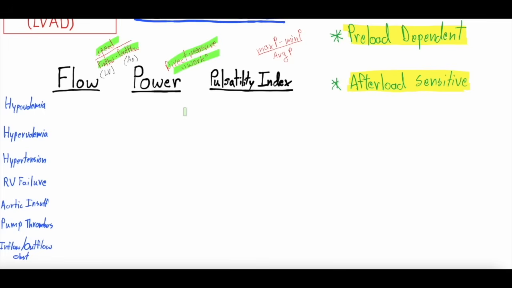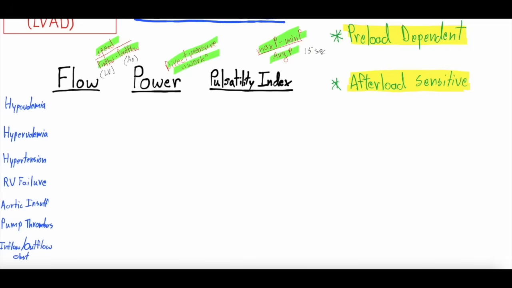All right, again, power is a direct measure, whereas the pulsatility index is a measure that the LVAD gives you that essentially senses how the flow changes when the left ventricle is contracting, right? Because the heart is still beating as the LVAD is circulating blood. So the pulsatility index is the maximal power minus the minimum power divided by the average power, and this is over 15 seconds.